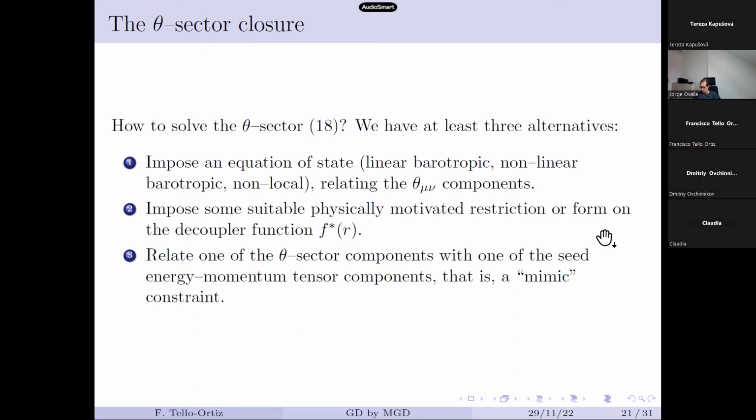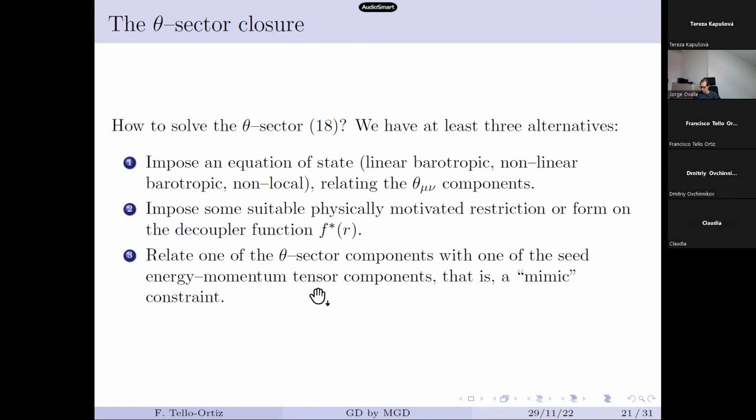Okay, I have decided to put this as a third alternative to close the theta sector because in this case, it was the seminal proposal by Professor Jorge Valle to close the theta sector.